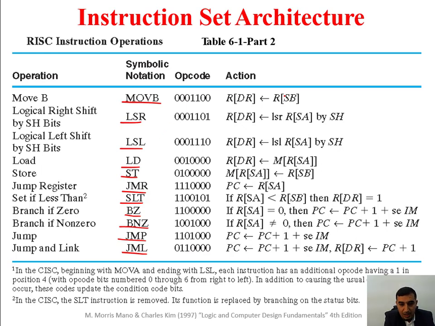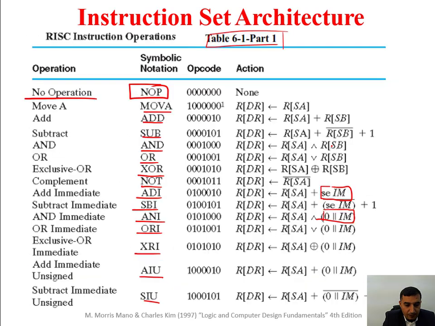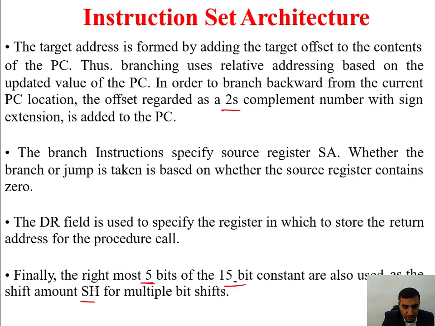Now, if you look at them, move B is once more done through the shifter inside the function unit, if you recall. Then we have shift right and shift left by SH bits, and the SH bits are here.